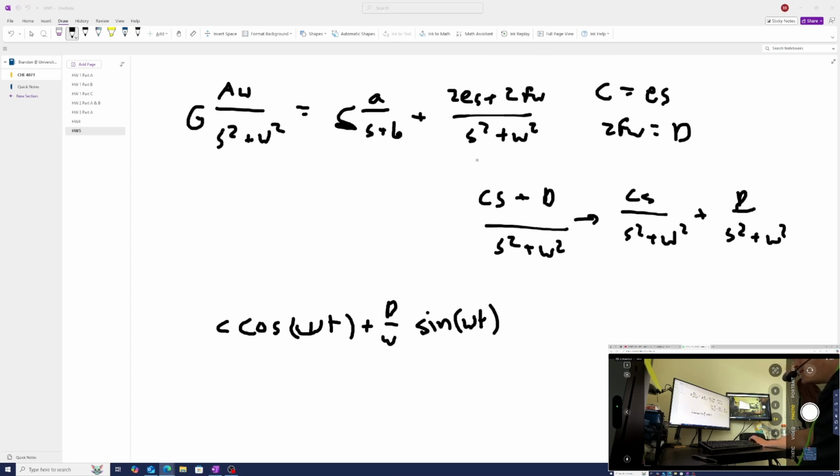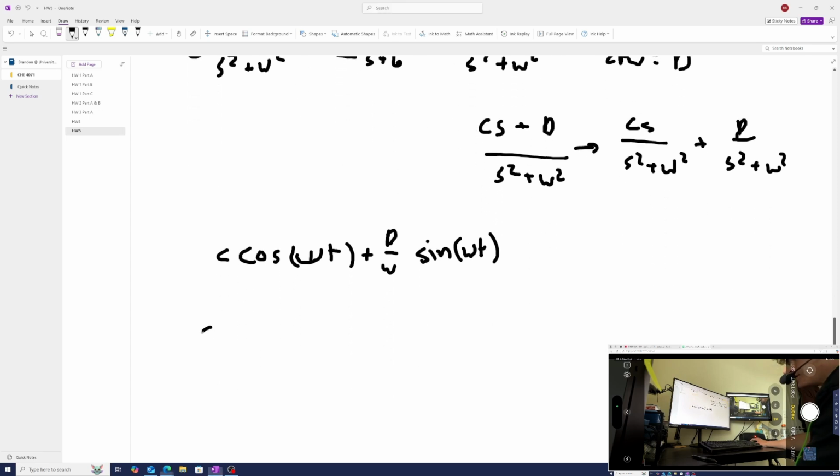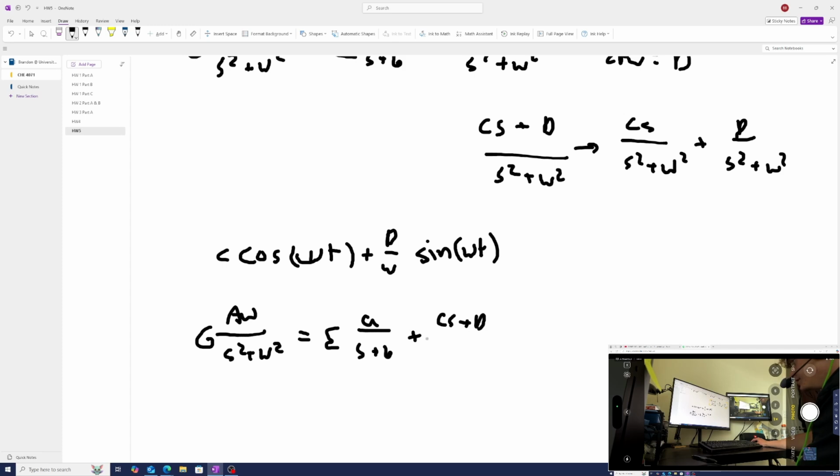Knowing this, we can go back to our original equation up here, substituting in our CS plus D. So G A omega over s squared plus omega squared is equal to the sum A over s plus B plus CS plus D over s squared plus omega squared.